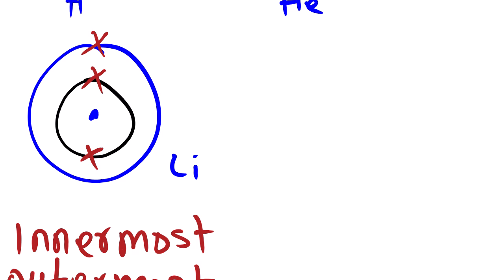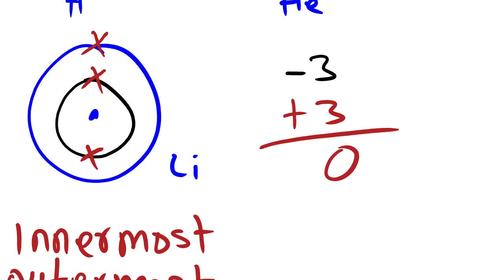So we have 3 positive charges inside, which balance these 3 electrons that are outside. So we have -3 as electron and +3 as proton. Net is 0. You don't have any charge.